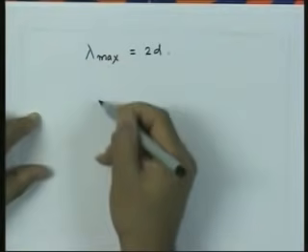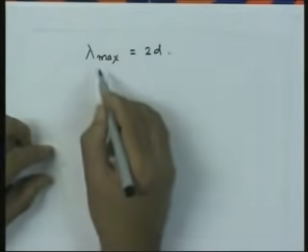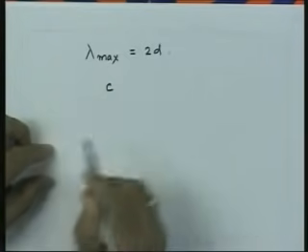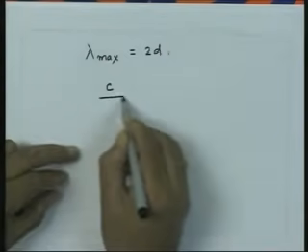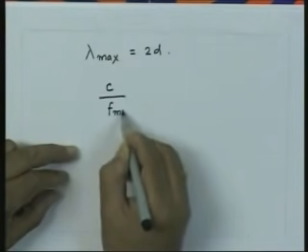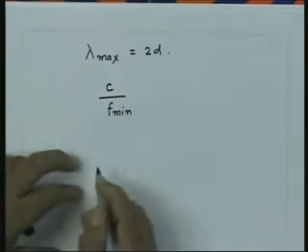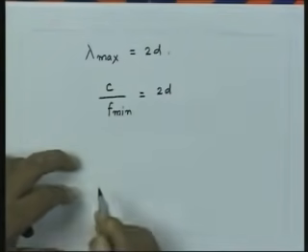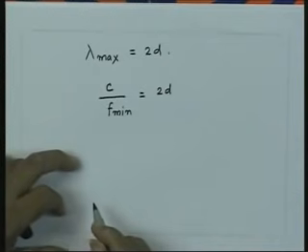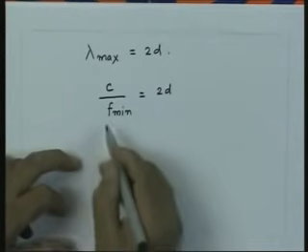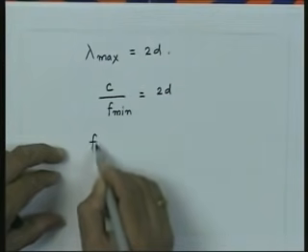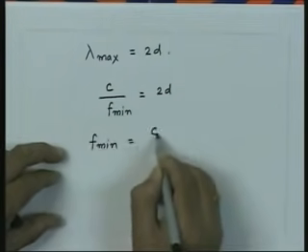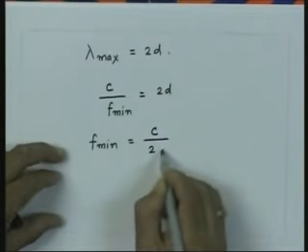Or if I write in terms of the velocity and the frequency, this is the velocity of the wave in that medium, let us say denoted by c, divided by the minimum frequency which can propagate on this, that is equal to 2d. So, from here I get f minimum is equal to c divided by 2d.